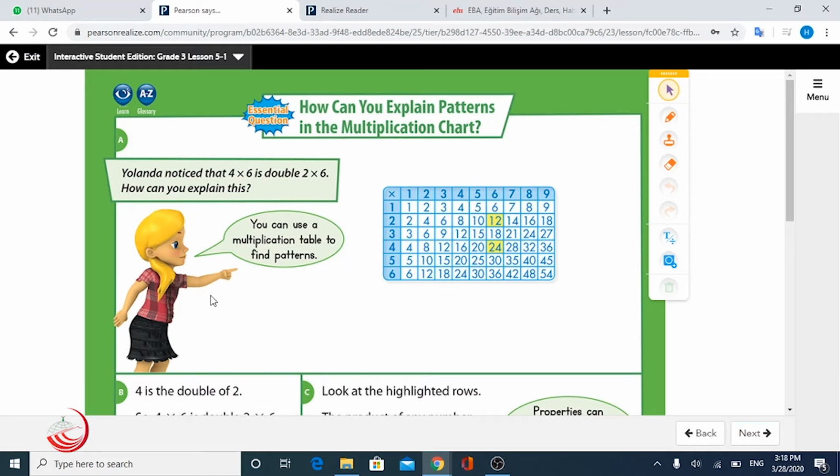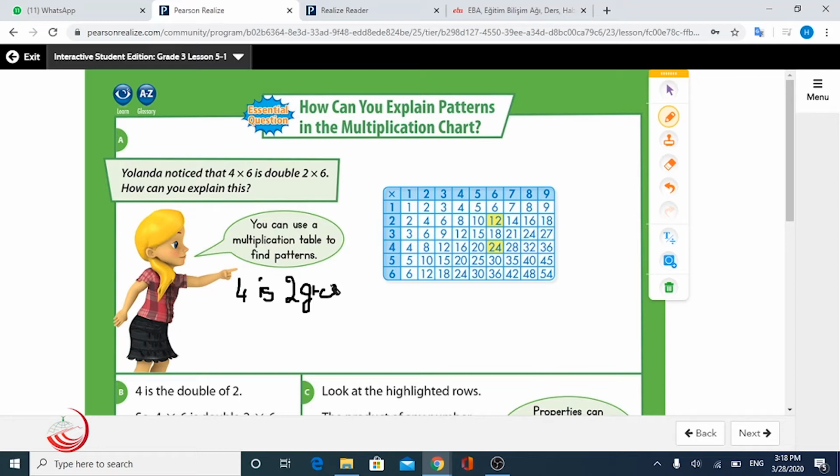Or I can say 4 is 2 groups of 2. Isn't it?